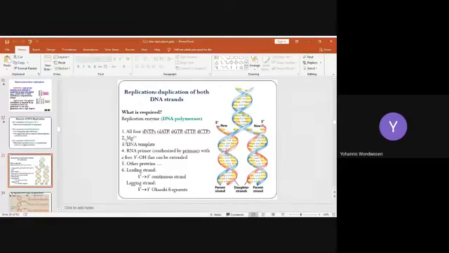Requirements rather than that: the magnesium ion is connecting as a cofactor as well as a stabilizing factor. The parental DNA template is one of the requirements. An RNA primer, by the way, is synthesized by the enzyme called primase. Why is the RNA primer needed?